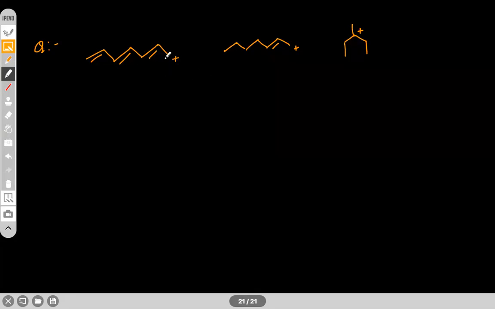This carbocation is in resonance with this pi bond, correct? Right, this carbocation is in resonance with this pi bond, correct? So here we have resonance. Here also we have resonance.